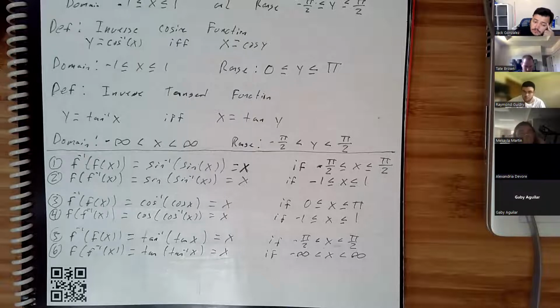So open your unit circle if you got it. Might be helpful. And let me go ahead and open the homework too. One second.